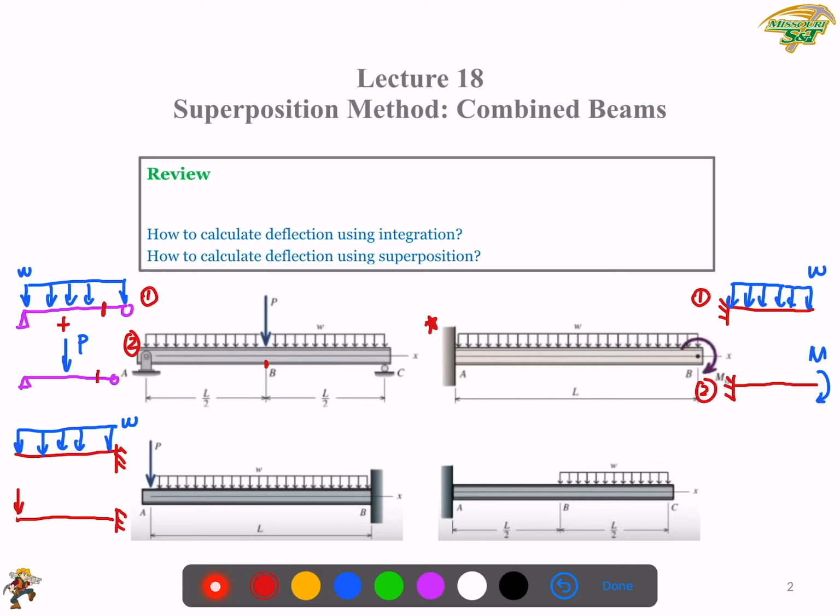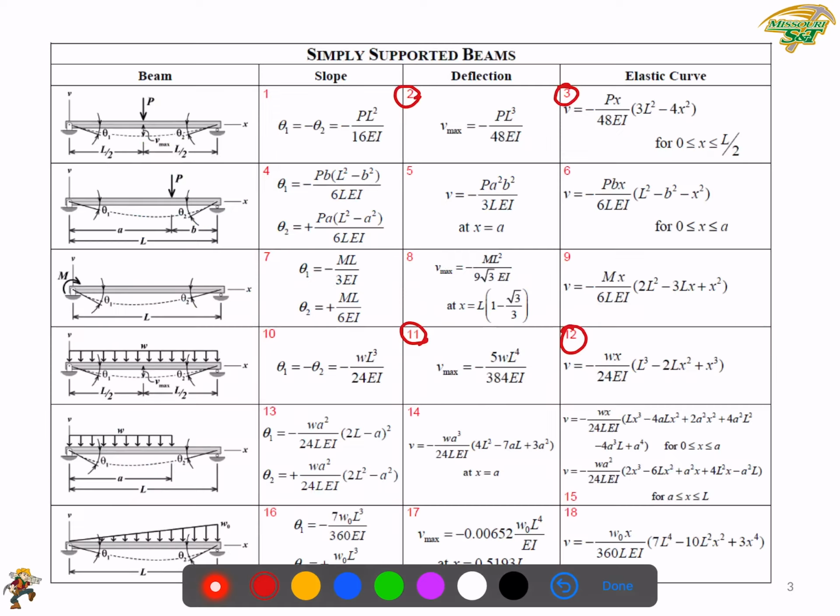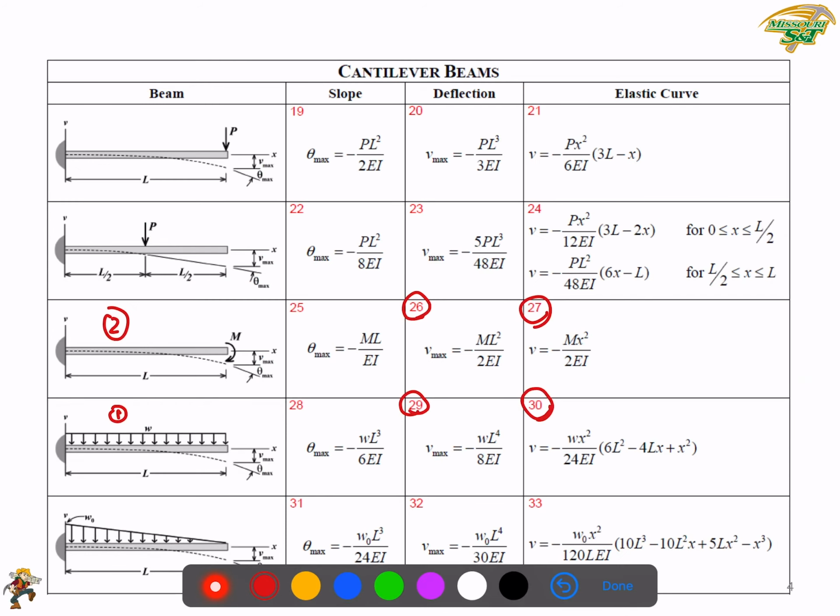Just add them together. The only change is where beam 2 needs to be placed. This is beam 1 and that is beam 2. We can use 30 plus 21, or 29 plus 20.